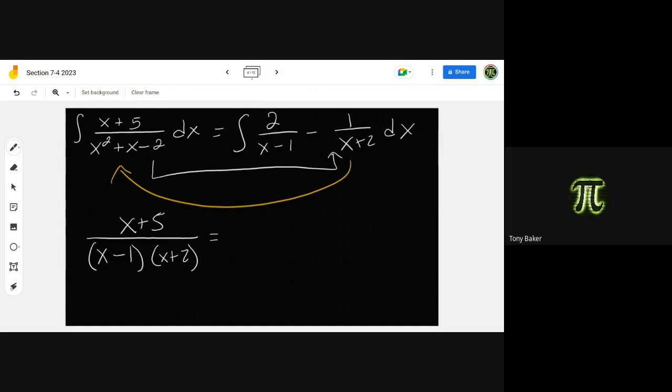All right. So now we need to, we have the x minus 1 here, and then plus x plus 2 here. So we need something up here.